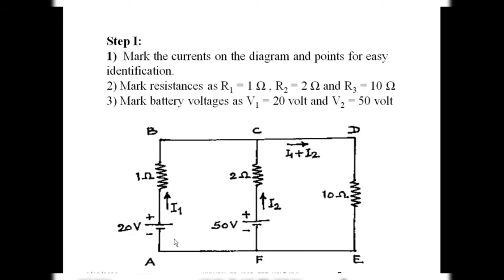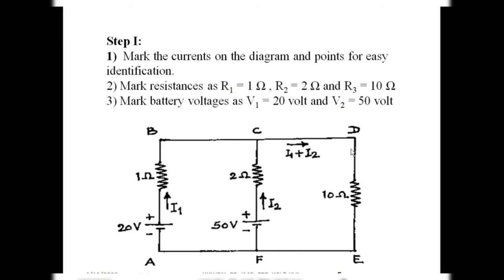So, if you consider these branches, first we have to mark the nodes, that nodes are A, B, C, D, E, F and A. Now, through the AB branch, the current we have marked is I1. Then for FC branch, the current marked is I2, and the current that is unknown through the DE branch is I3.